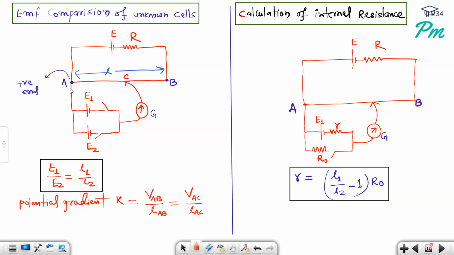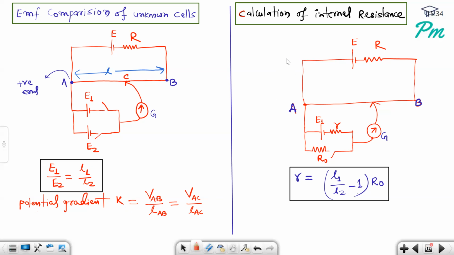If you take length AC, then you have to find the potential drop across length AC and divide by that length AC. So it is not compulsory that we always take length AB. We can take any length, and then divide the potential we find by that length. So potential over length, potential by length, that is potential gradient.